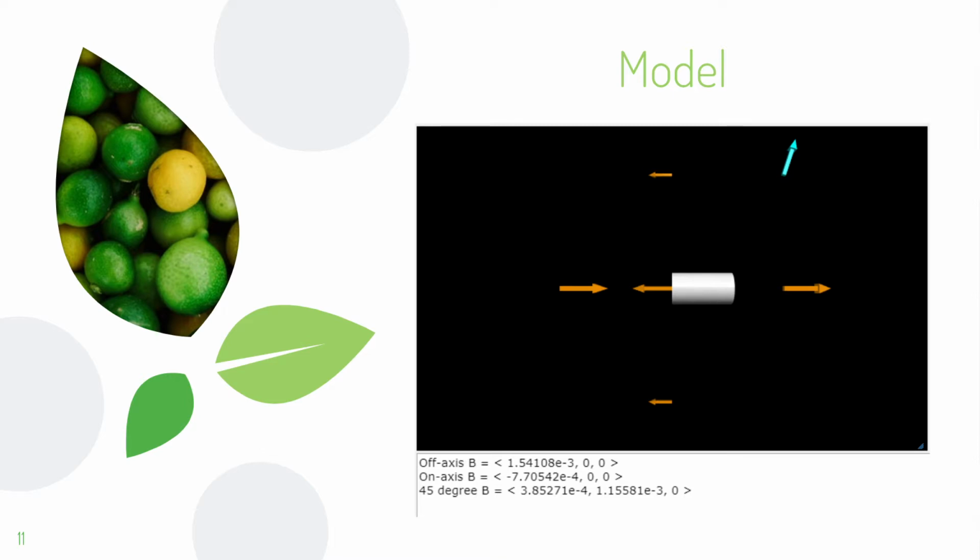Which I compared to the observed value of 2.96 times 10 to the -4 in the x component and 8.3 times 10 to the -3 in the y component, in Teslas.